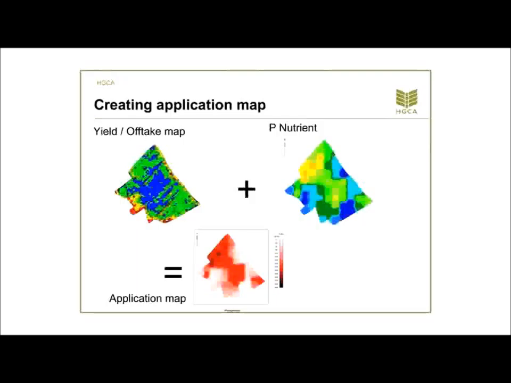So we could use the nutrient map on its own, or we could use the offtake map and the nutrient map to come up with a more fine-tuned and a more precise application map, which you can see there. The red areas are areas where we're getting increasing rates of phosphorus, but there's quite a bit of a field where we're putting very little or not much on at all.